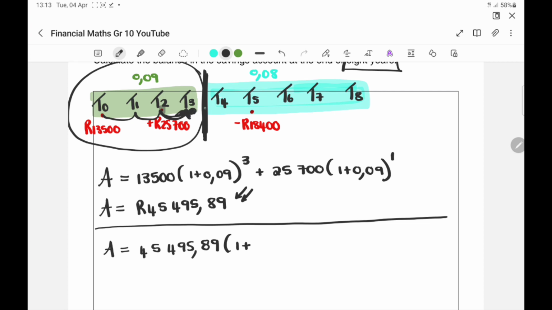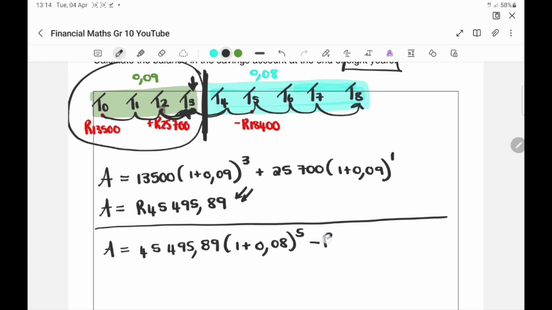So you can't start from there. It's from here, which will give you 1, 2, 3, 4, 5 years. So that 45,000 you invested here at the end of this term. Now you invested from here to 1, 2, 3, 4, 5. So that will be for 8%, all raised to the power of 5.